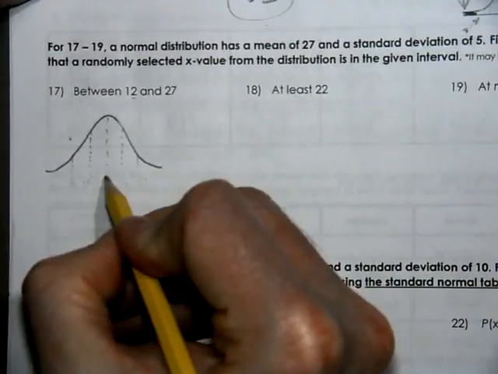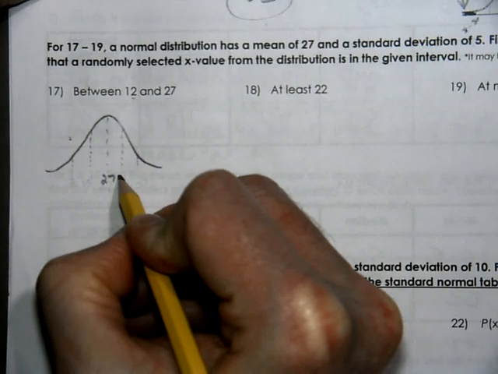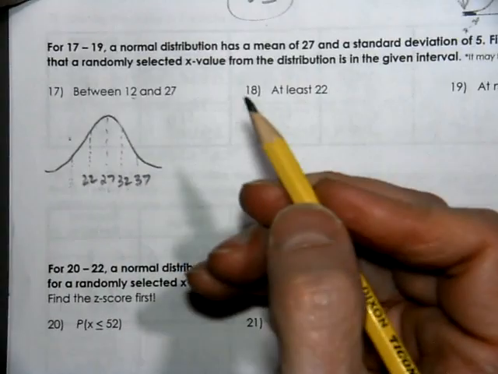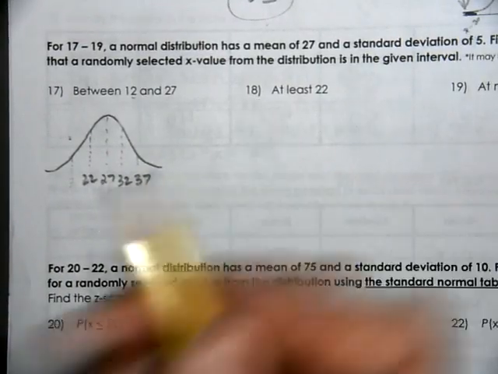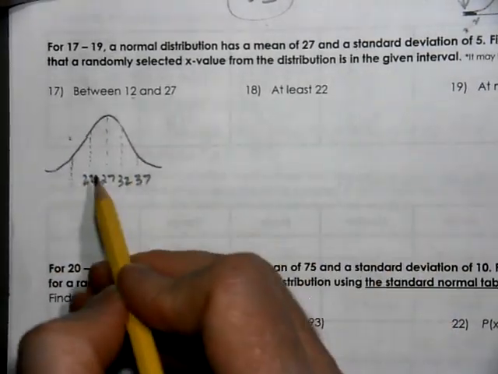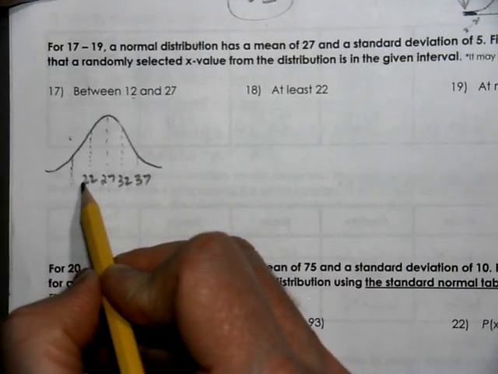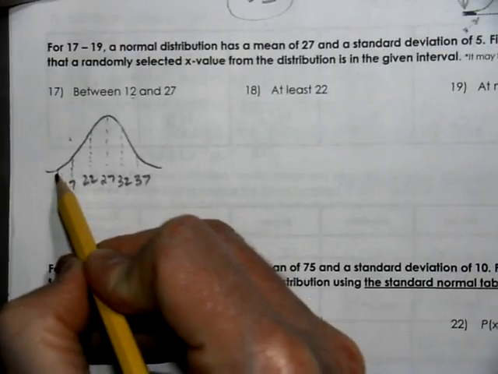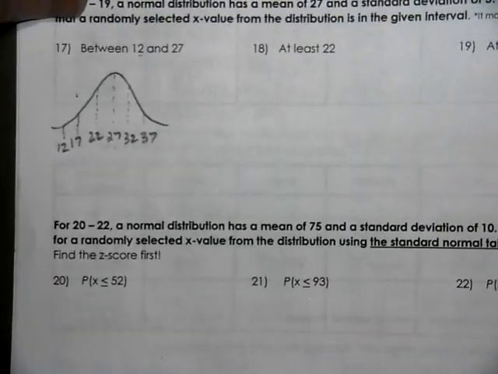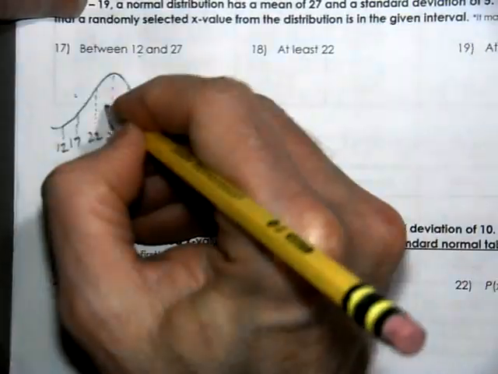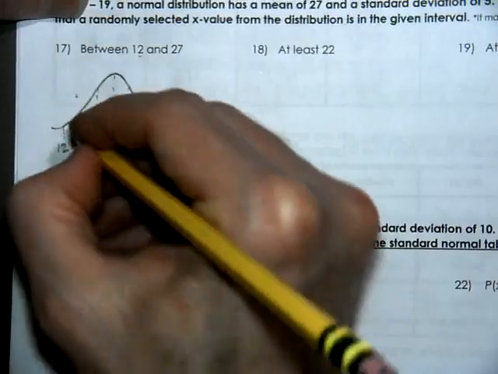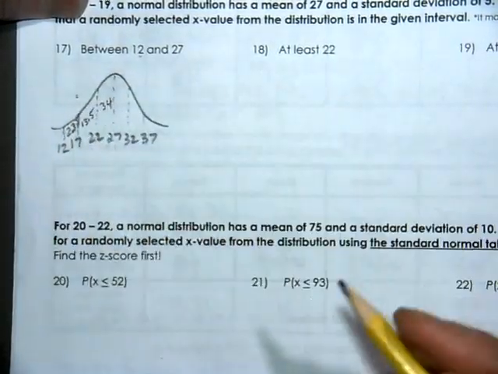Standard deviation is 5. So up by 5 would give you a 32, and up by 5 would give you a 37. Down by 5. This isn't possible. I'll explain why here in a second. Oh, my bad, there's our 12. Okay, so this is 34% of the data, 13.5% of the data, 2.35% of the data.